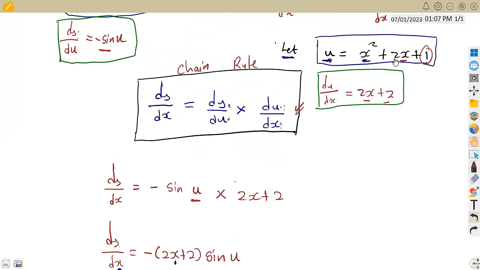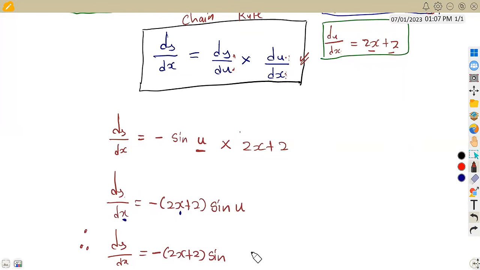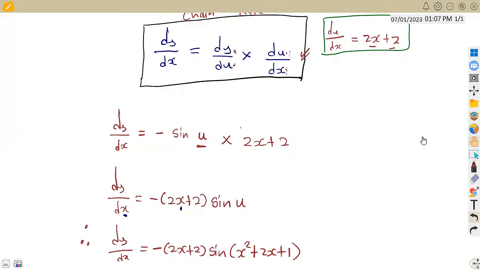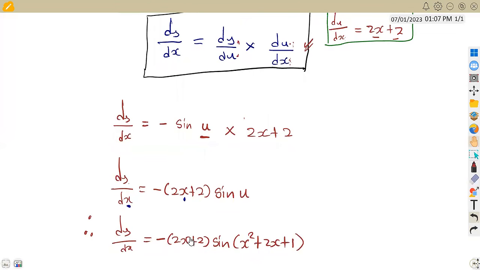Remember, we said u is equal to x squared plus 2x plus 1. So we substitute in place of u, and we are going to have sine of x squared plus 2x plus 1 like this. As we can see, we now have a derivative of y with respect to x. Everything in our final answer is in terms of x. So this is how we apply our chain rule.